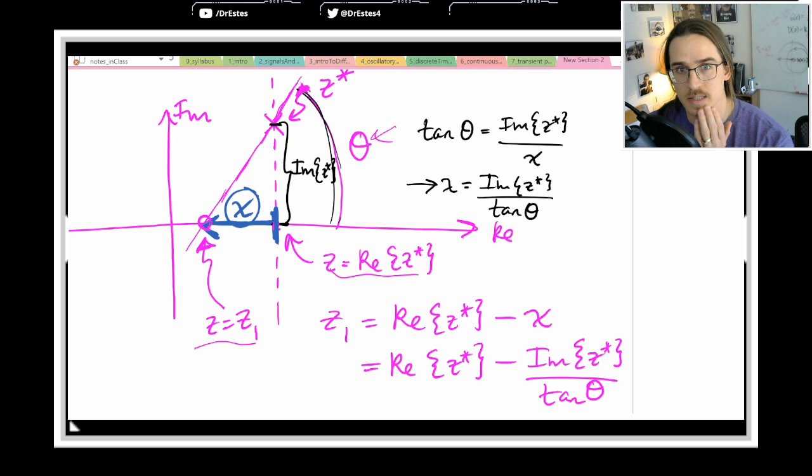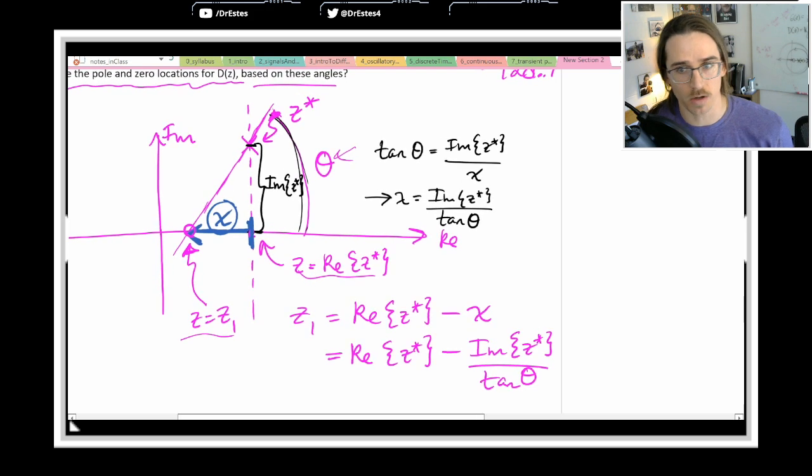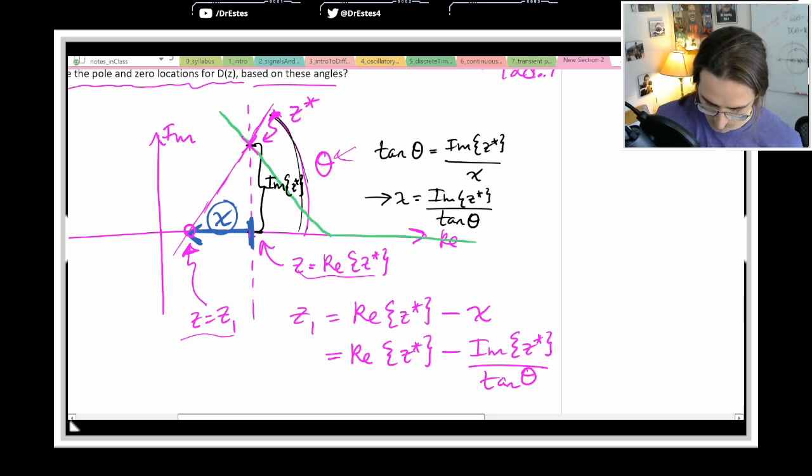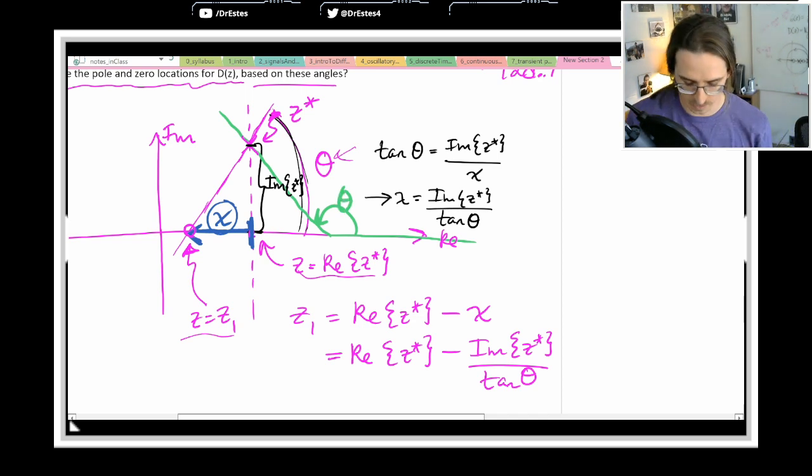Now, the nice thing about this formula is, let's say your angle is bigger than 90 degrees. That means you're somewhere like over here. So let's say we had that theta, and I'm trying to find the location of a 0 over here.